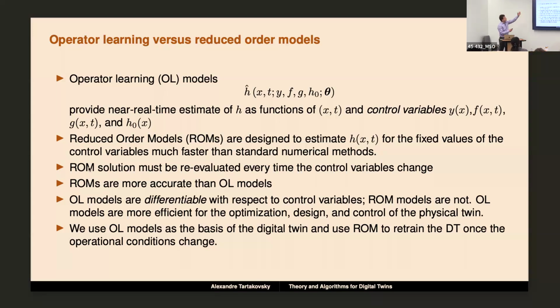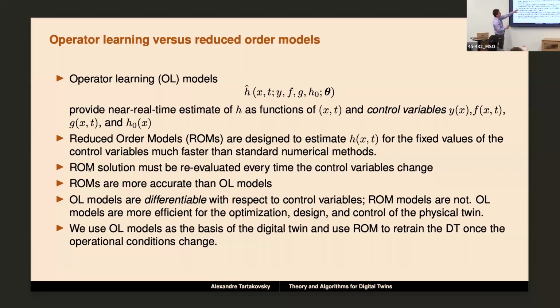Now you might also know about reduced order models. These models are designed to estimate H for fixed values of the control variables much faster than standard numerical methods. There are different types of reduced order models. So which one do we want to use for a digital twin?